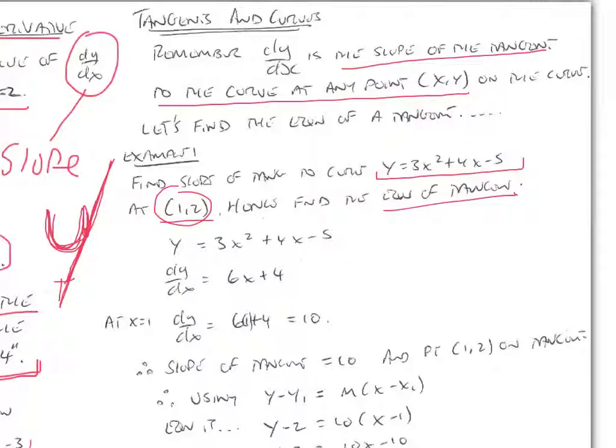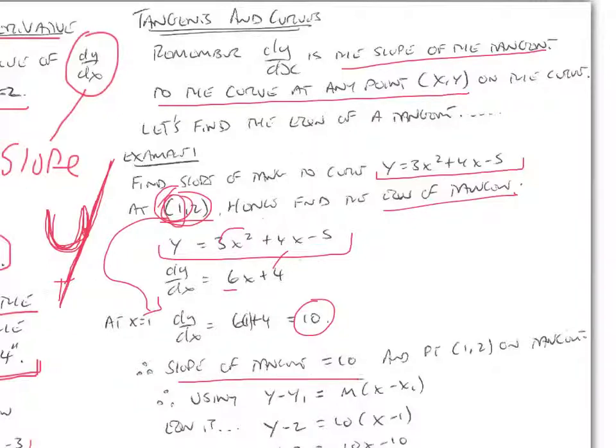Anyway, y equals 3x squared plus 4x minus 5, so dy/dx is 6x plus 4. At x equals 1, dy/dx is equal to 10. So at that point, the slope of the tangent is 10.